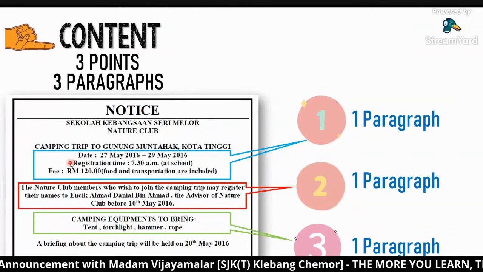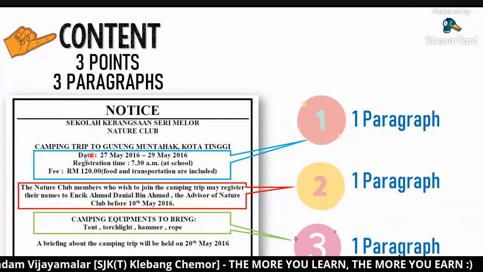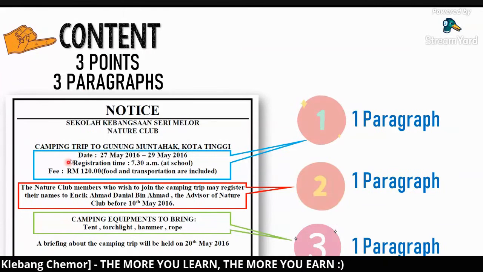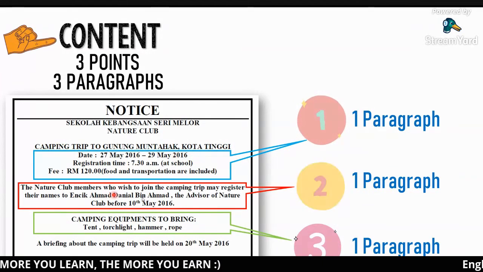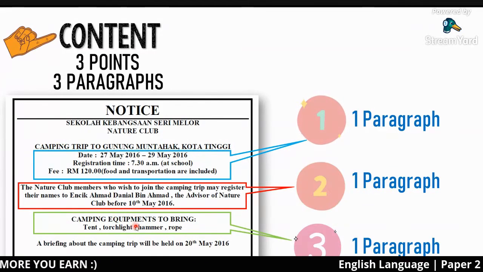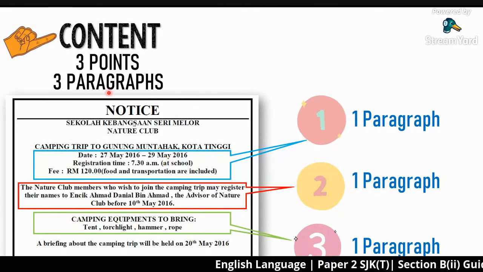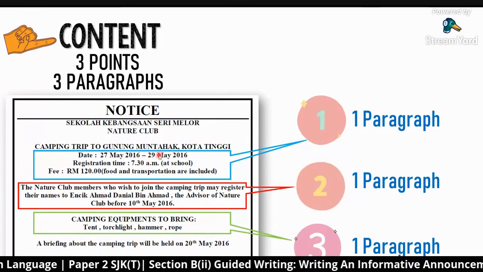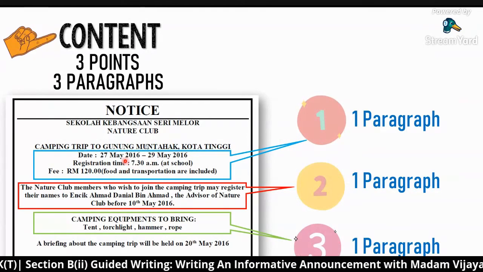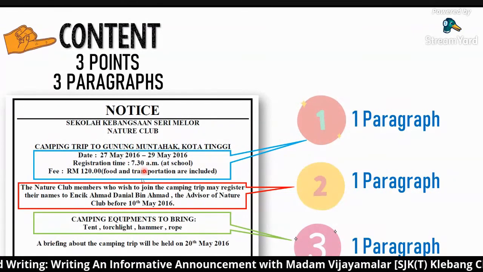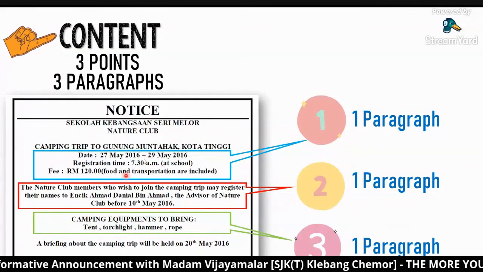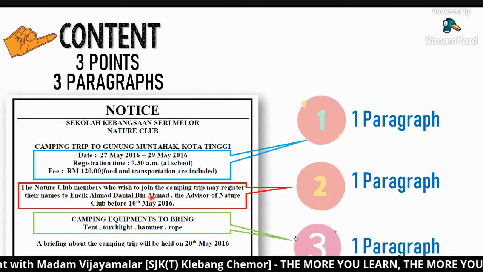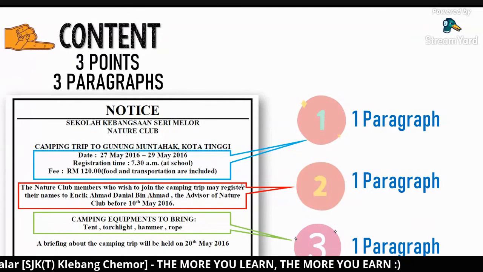Okay, points meaning not only one. Okay, you can actually group them up to make things easier for you. Okay, so remember, when we are putting in our points, we have to arrange them accordingly so that your points, your message, your information will be conveyed properly. Okay, all right.